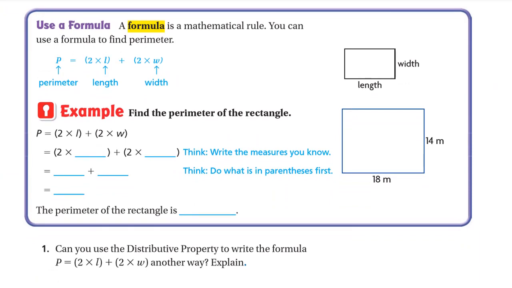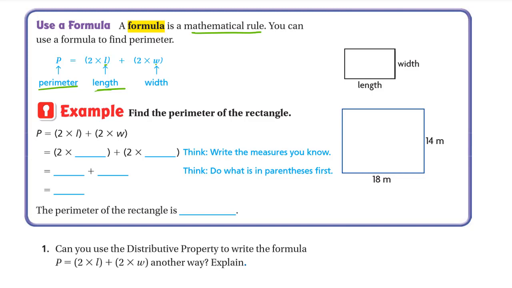Okay, so here we will use what we call a formula. A formula is a mathematical rule. You can use it to find perimeter. So here P stands for perimeter and L stands for length. So we have 2 times L plus W stands for width.